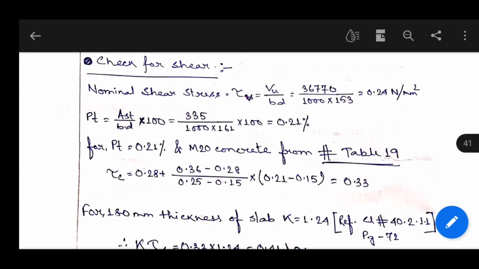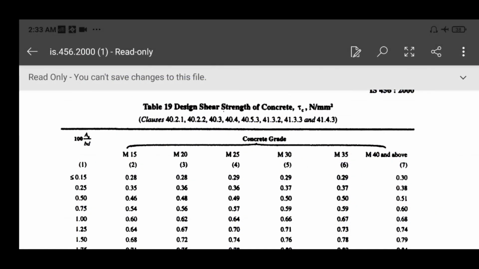Now for percentage of steel 0.21% and M20 grade concrete, we have to find out the value of tau C from table number 19 of IS 456 2000. So let's check table number 19. Table number 19, design shear strength of concrete, tau C in unit Newton per mm square.